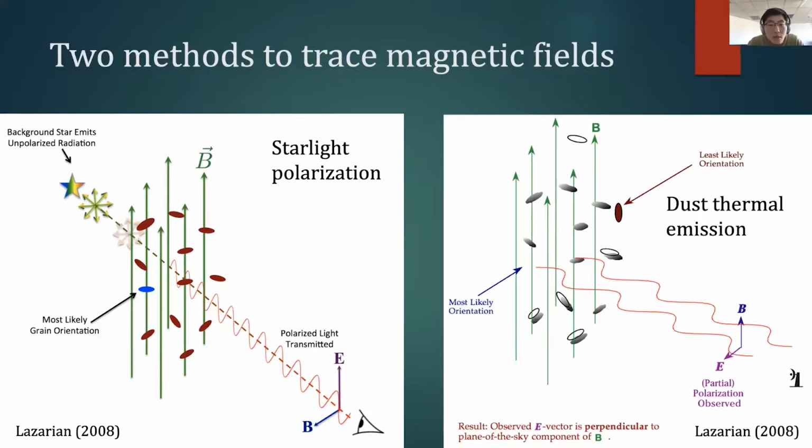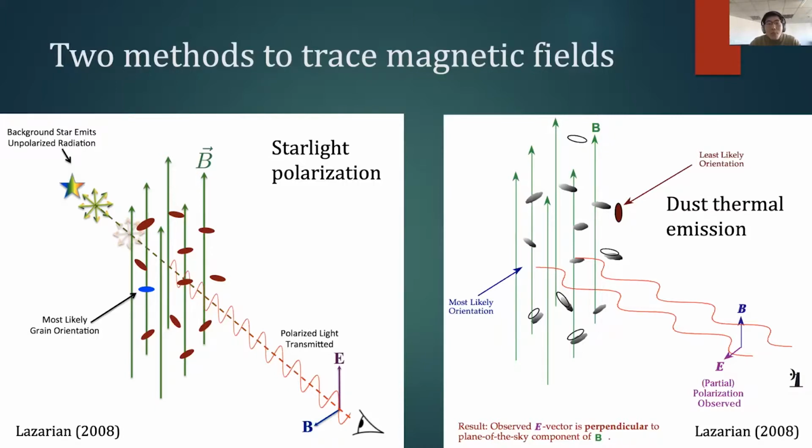I think that the transmitted light through the dust may be partially polarized, and how will it influence it? Yeah, of course. No matter the starlight method or the dust thermal emission method, the light is always partially polarized, actually, not 100%.